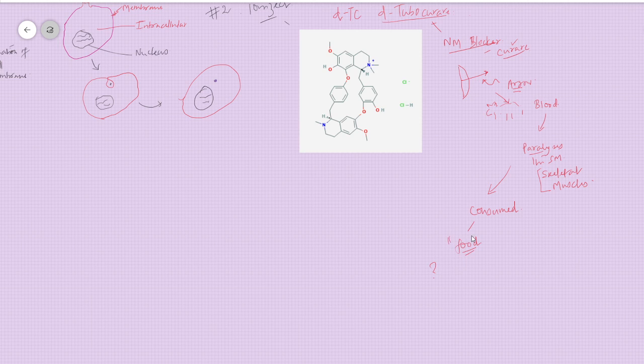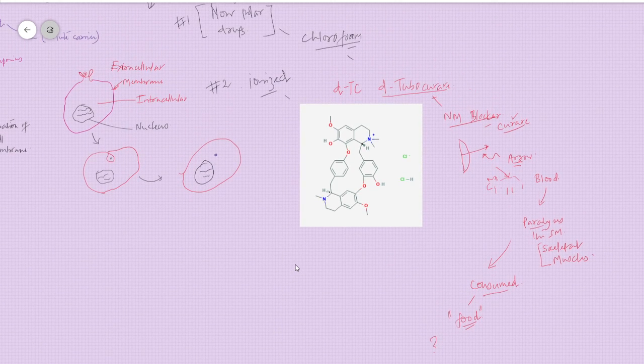The animal which has been wounded by curare presumably has meat that contains curare, and that meat is consumed by the tribe, but they don't suffer the same effects. So why? The reason is that if we look at the structure of D-tubocurarine, we see that it is ionized.